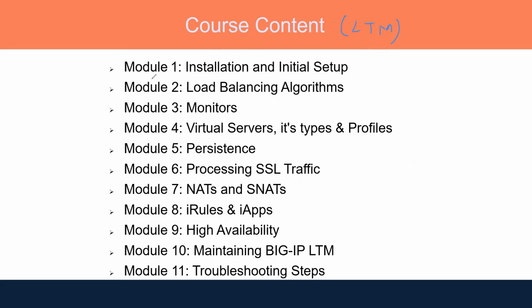In this module, we are going to understand everything from modules 1 to 11: installation and initial setup, how load balancing happens, how you monitor the backend servers, what a virtual server is, and what profiles are. Persistence, SSL traffic and NAT we are going to cover, as well as high availability, maintenance, meaning upgrade of the F5, and troubleshooting steps. These are all the course content that we are going to cover here.